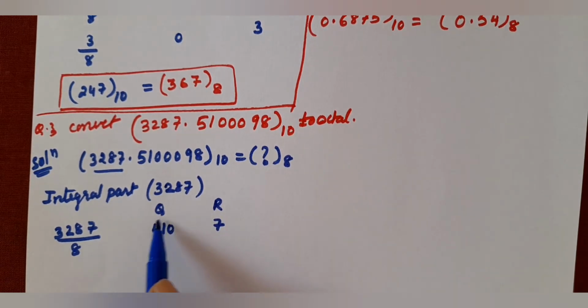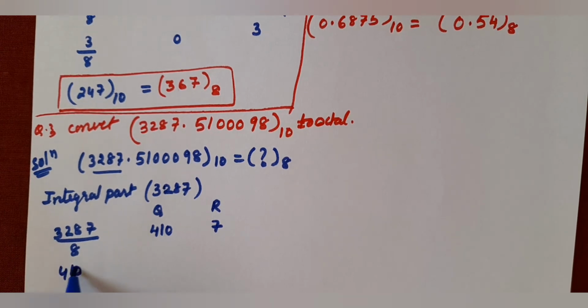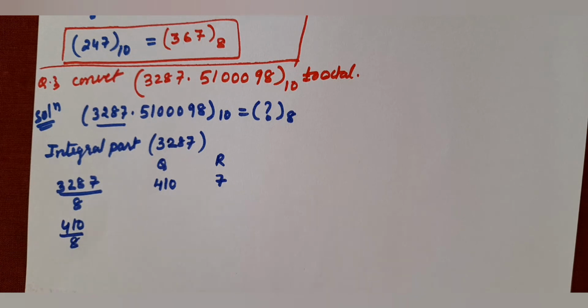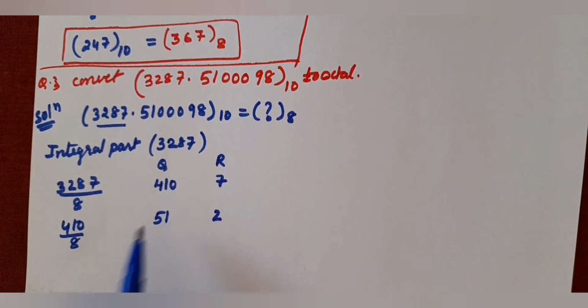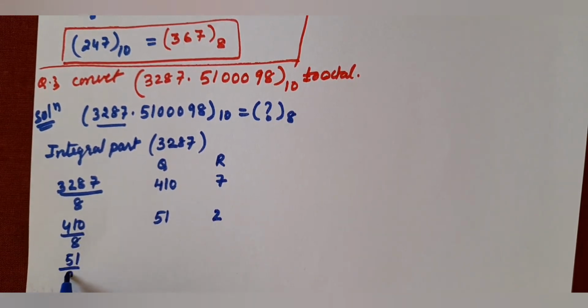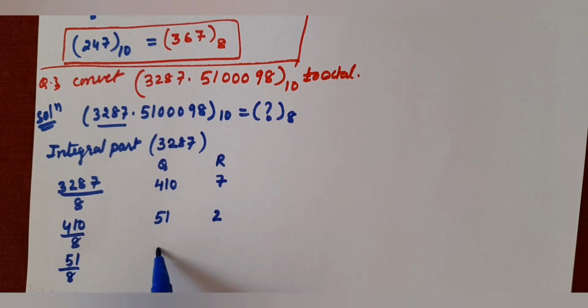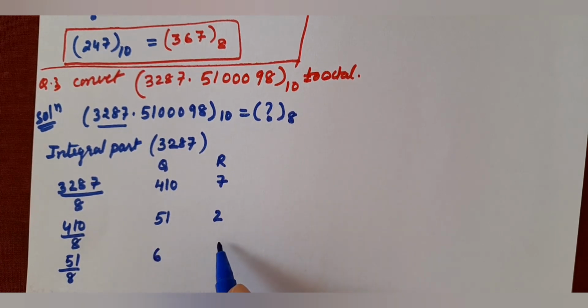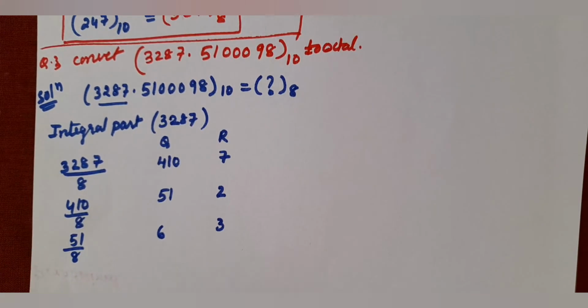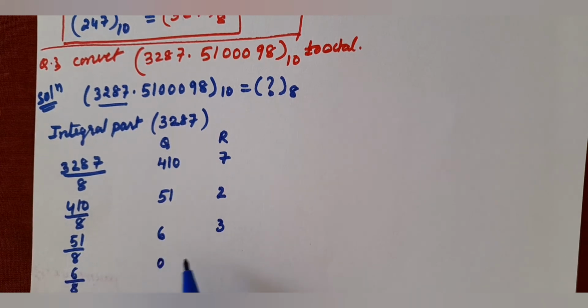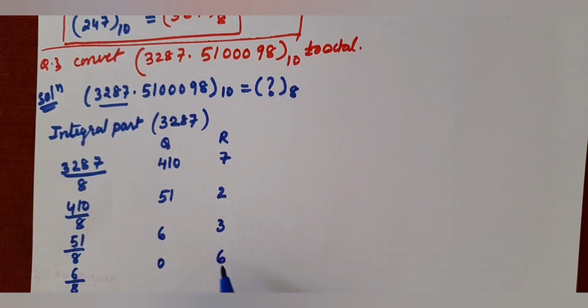Now whatever the quotient is, divide by 8 again. It will come as 51, and the remainder is 2. Now divide this 51 by 8. The quotient is 6 and the remainder is 3. Now divide this 6 by 8. The quotient is 0 and the remainder is 6.